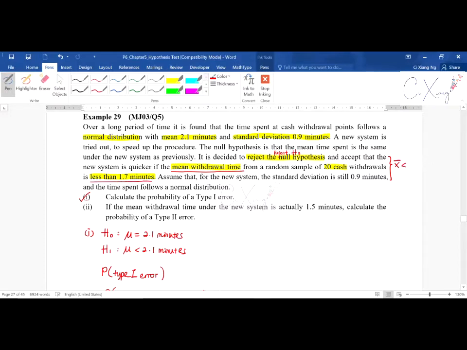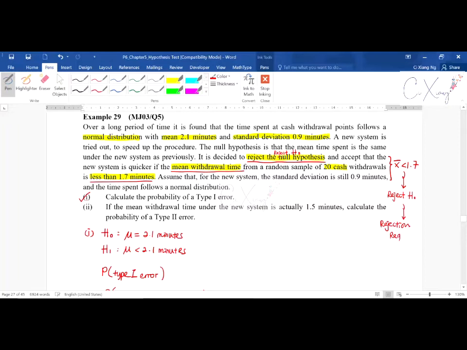So from this sentence, you can write out sample mean smaller than 1.7. And what will happen if sample mean is smaller than 1.7? They said we will reject the null hypothesis. So that means you will reject the null hypothesis when the sample mean is smaller than 1.7, which also means this is actually your rejection region.